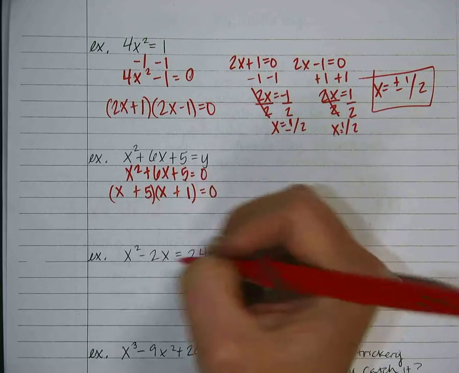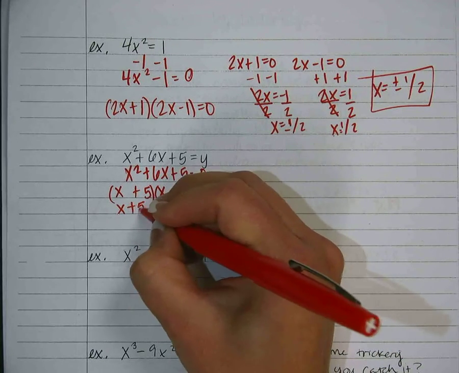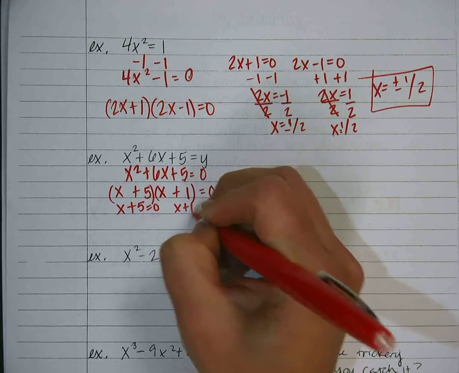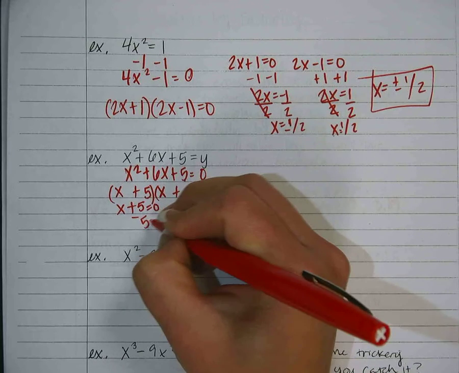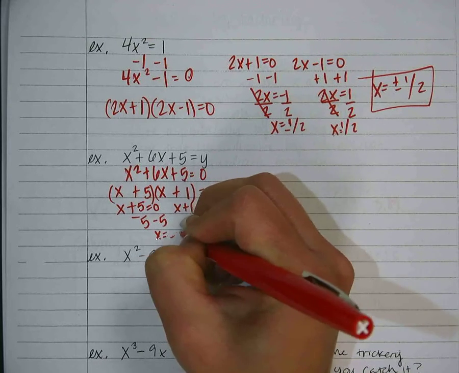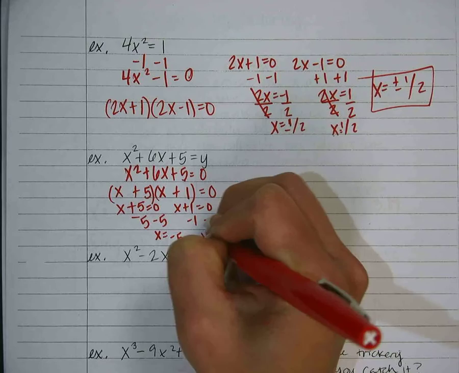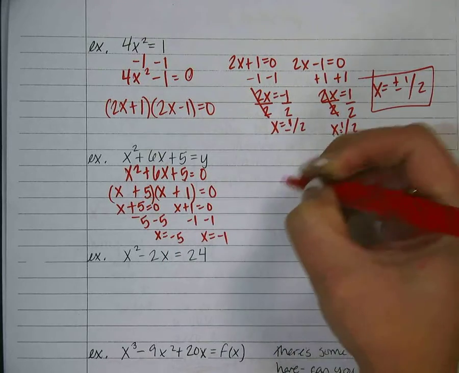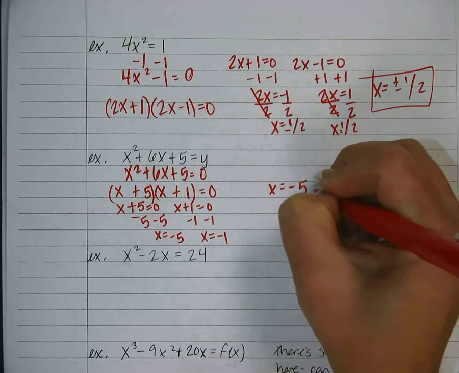They're both pluses. So x equals -1 and -5.